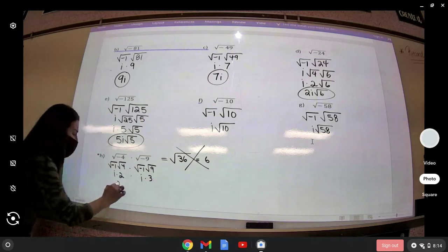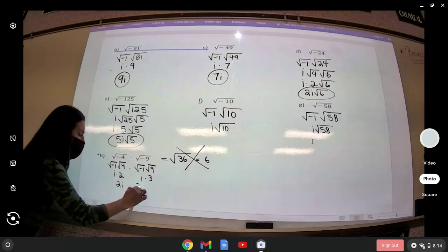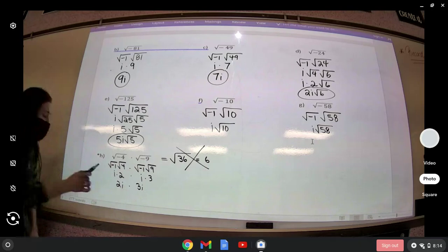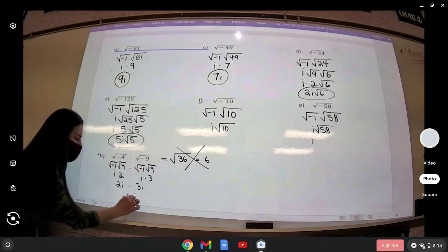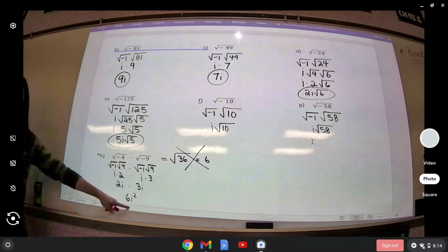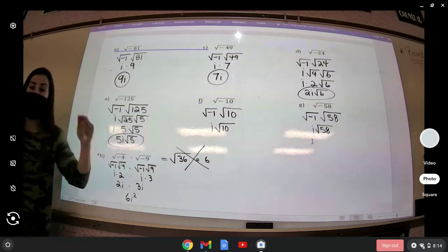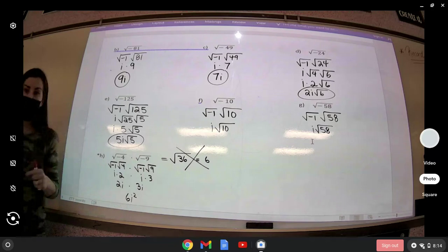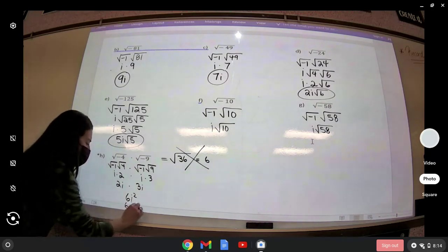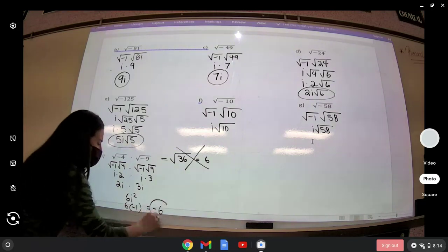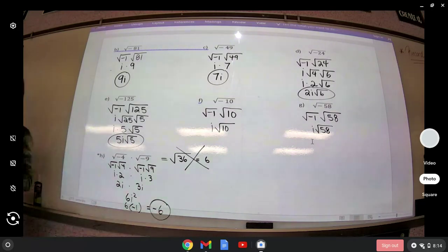So I get 2i times 3i, which is going to be 2 times 3 is 6. i times i is i squared. Who did we say i squared was? Guys, look on the front of your notes. i squared is -1. So this ends up being 6 times -1. So the answer to this is -6. It's not positive 6, it's -6.